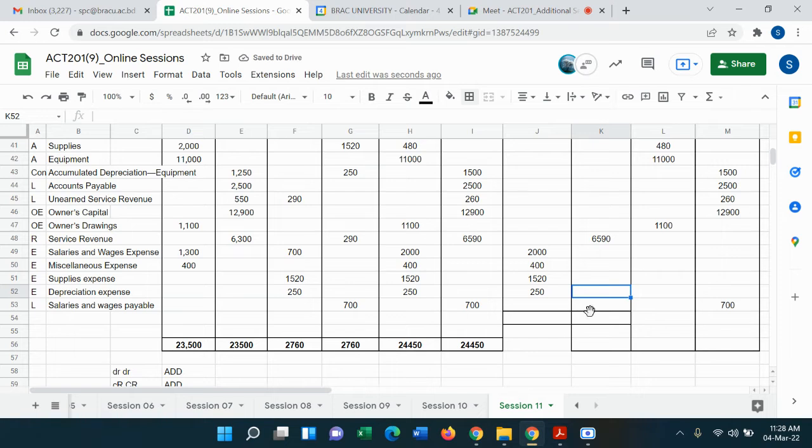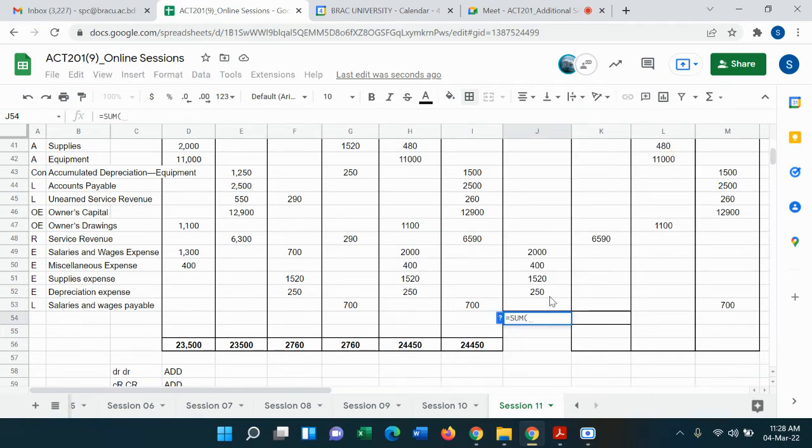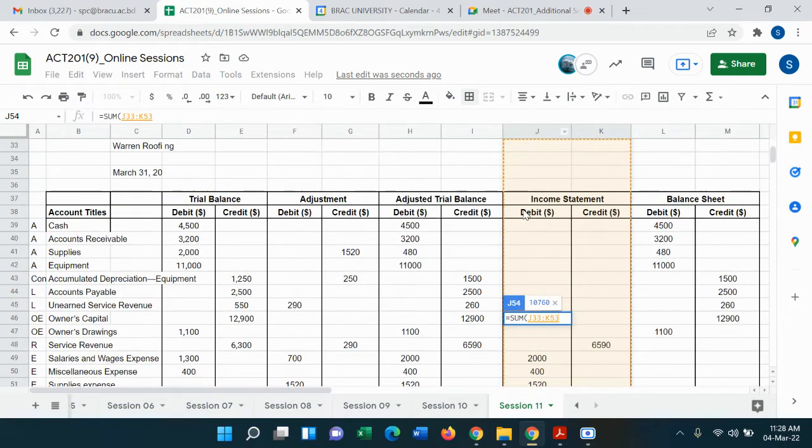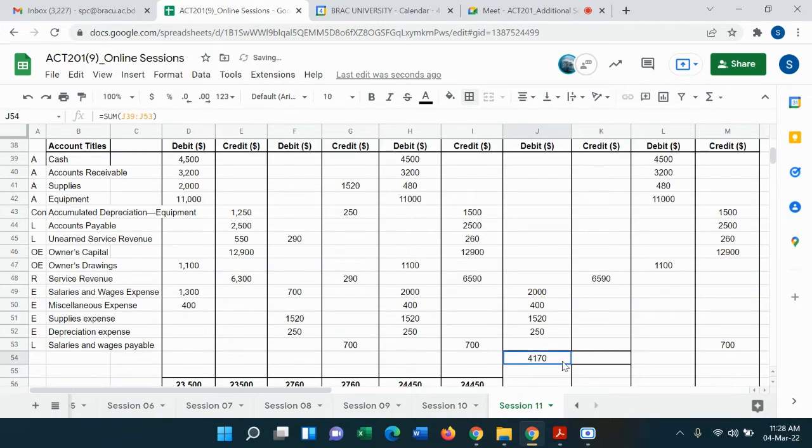This is the income statement, and in the income statement, we now want to see the total of the debit column and the total of the credit column.